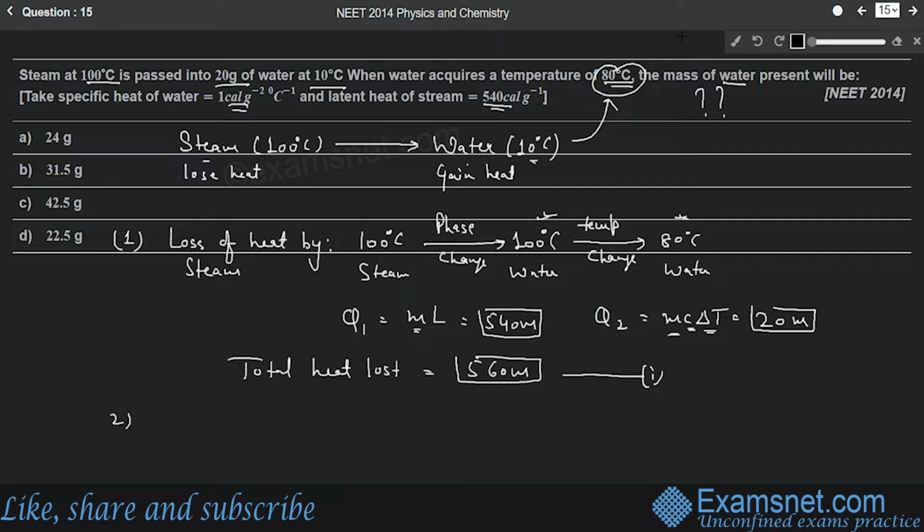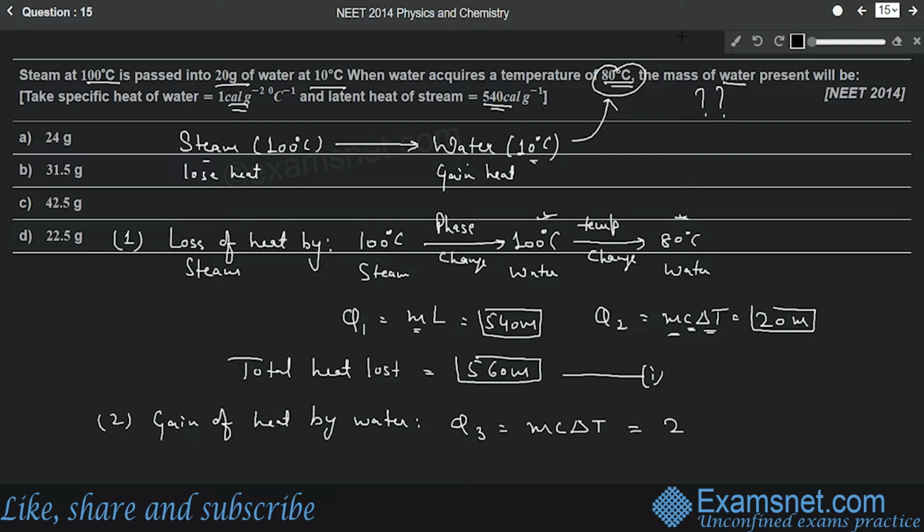Now we'll talk about the gain of heat by water. So water is not undergoing any phase change. It will just increase its temperature from 10 degrees Celsius to 80 degrees Celsius. Okay, so the gain of heat, let's say Q3, will be equal to MC delta T. Here the mass of water is given.